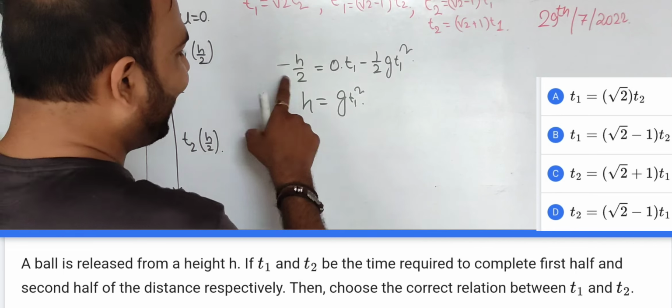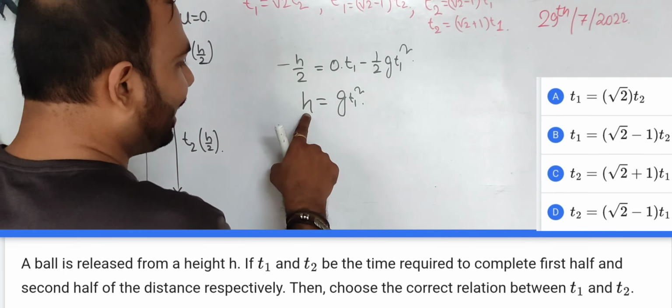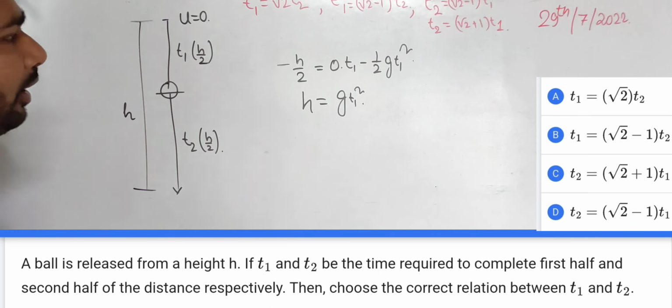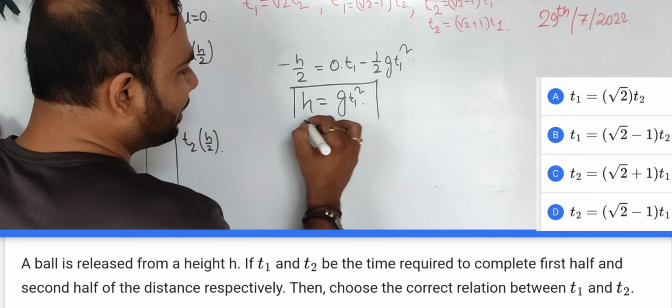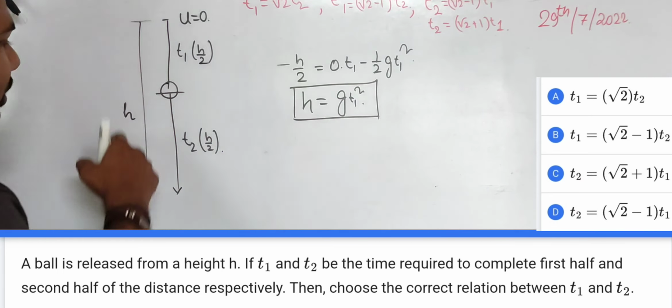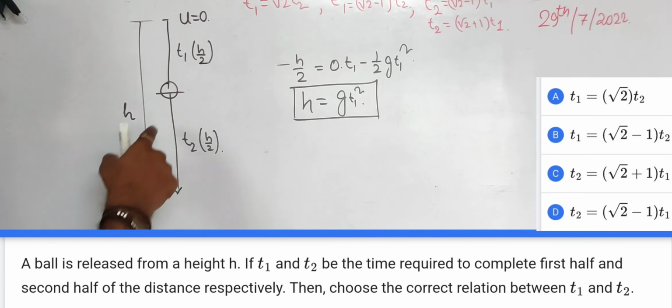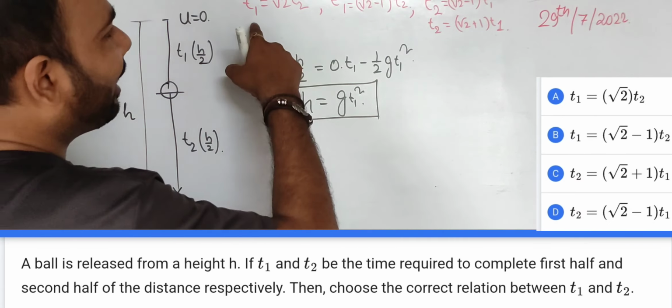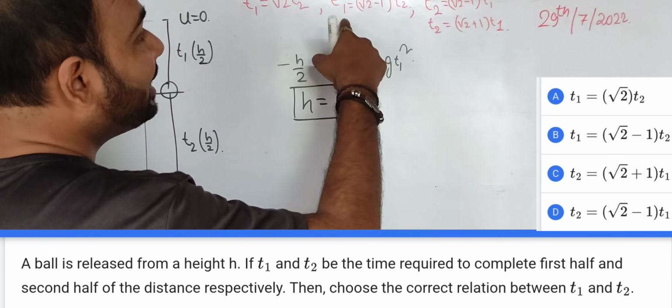So we start with h by 2, but we find h, the total height, in terms of t1. This line directs us to find the total height using t1 and t2, so we can find the relation between t1 and t2.